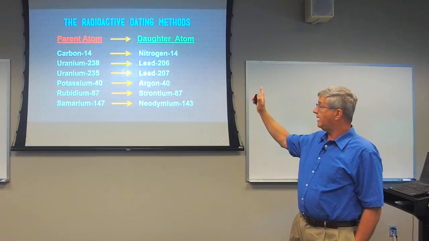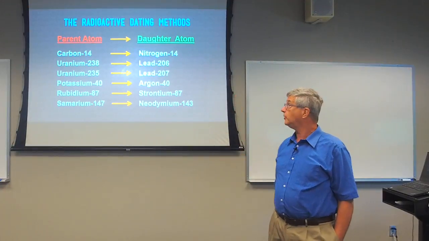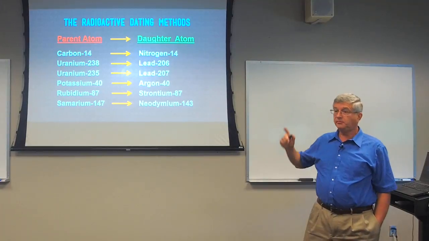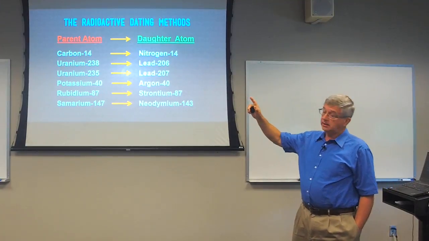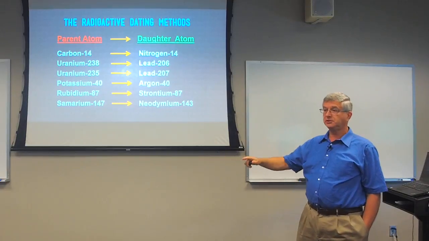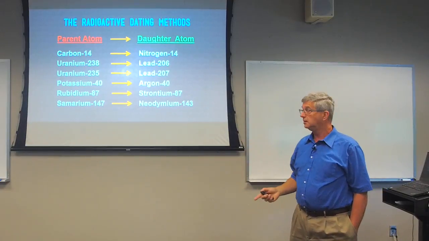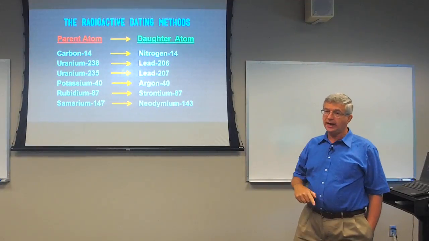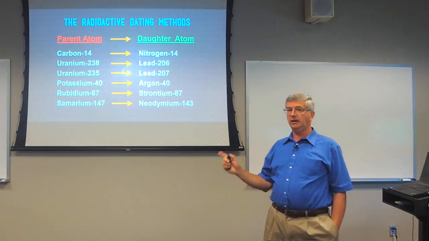There's potassium-40, which decays to argon-40. Notice that you can tell the beta decayers: they change the element, but they don't change the atomic weight of the daughter significantly, whereas the alpha decayers significantly change the atomic weight in the process.